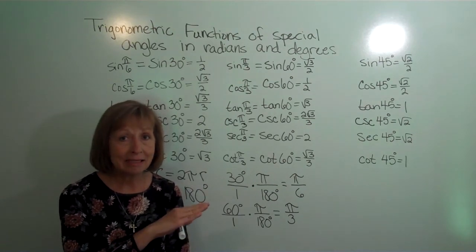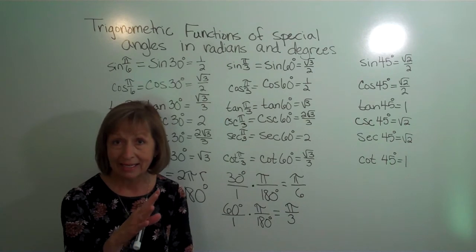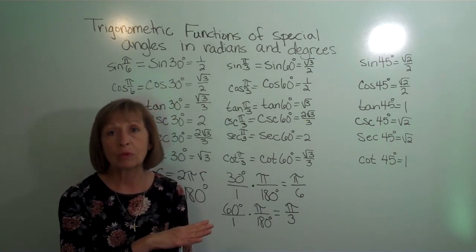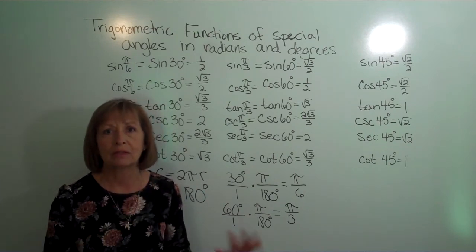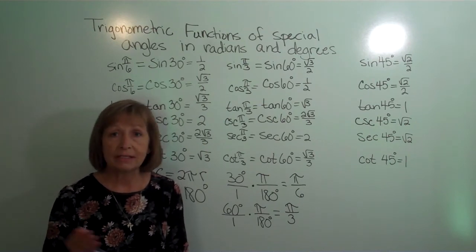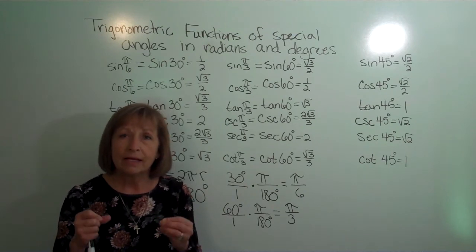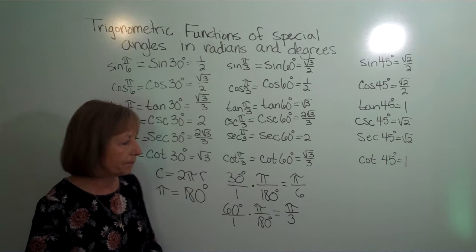And a 1/6 of a pi is smaller than a 1/3 of a pi. So it makes sense that the 30-degree angle goes with the pi over 6 and that the 60 degrees goes with the pi over 3. Then I just have to do the 6 trig functions of the special angles from the definitions. So it does make sense that that would be how the connection would hold up.